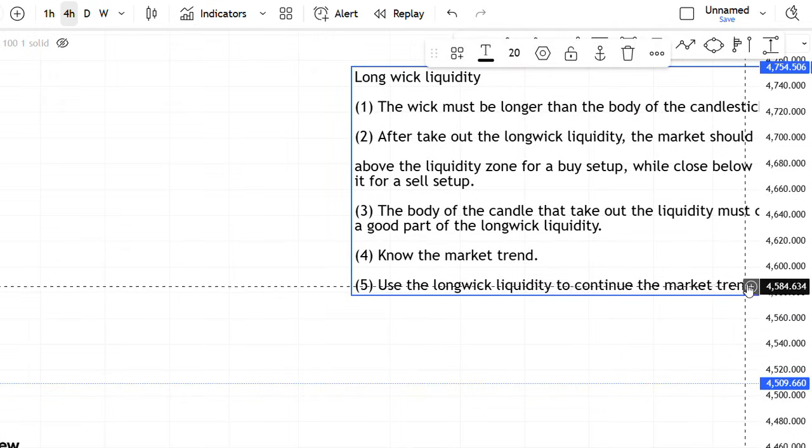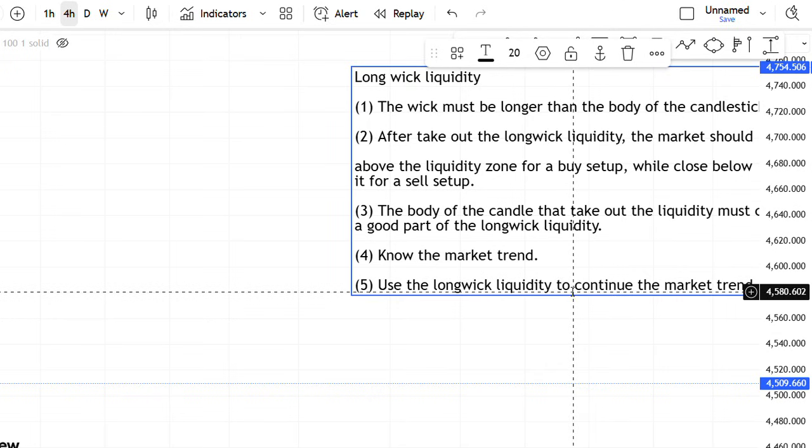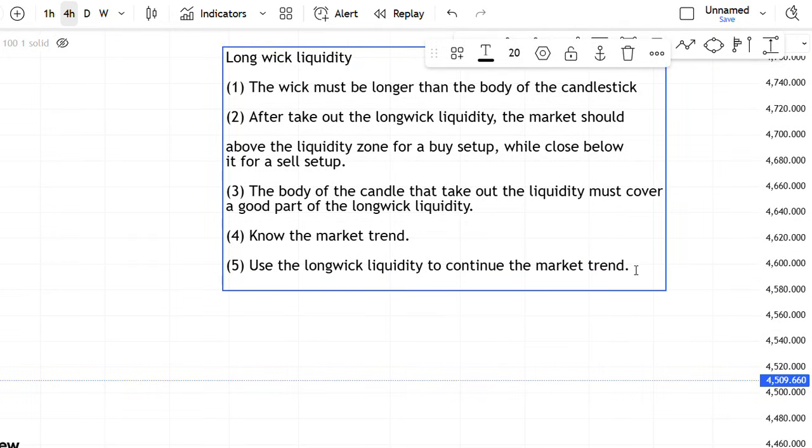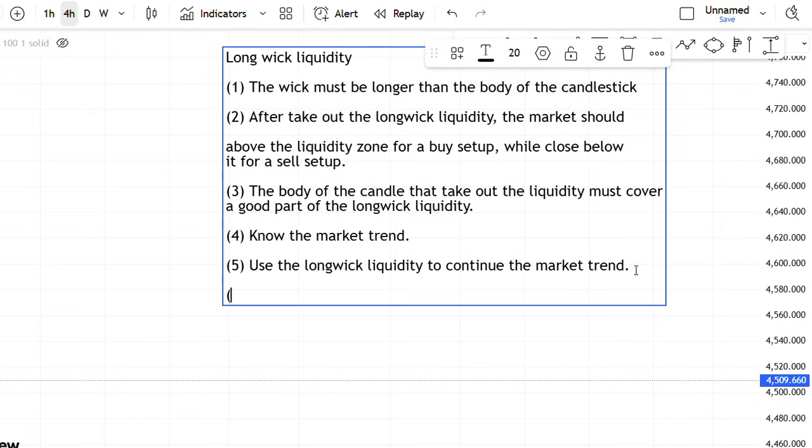We use our number 6 here. Okay, I'll use TF.